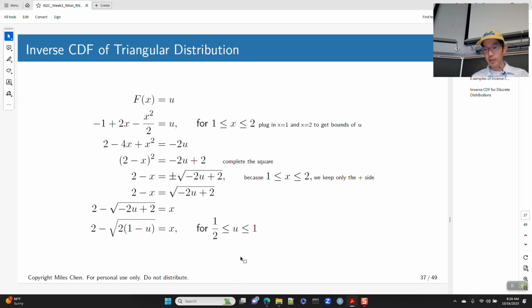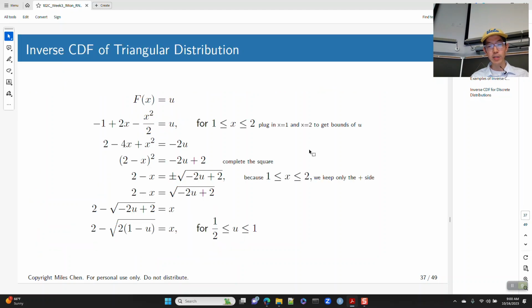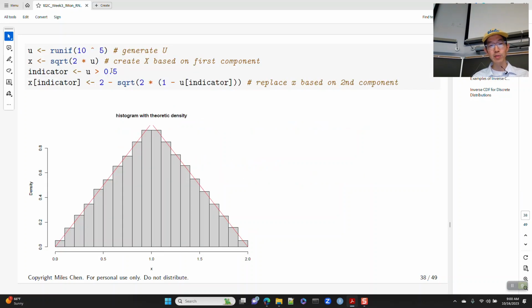All right, so that's that over there. And so here I can use our function and say, let's generate a bunch of random uniform values. And I will do square root of 2 times u to generate our x values. And then if u is greater than 0.5, we want to use the other function, which will be 2 minus the square root of 2 times 1 minus u.